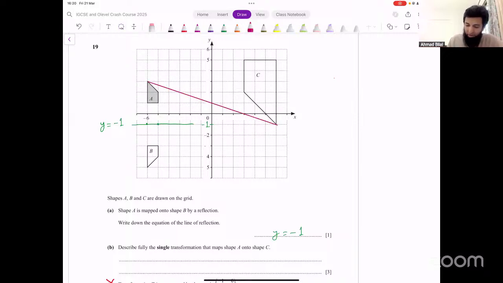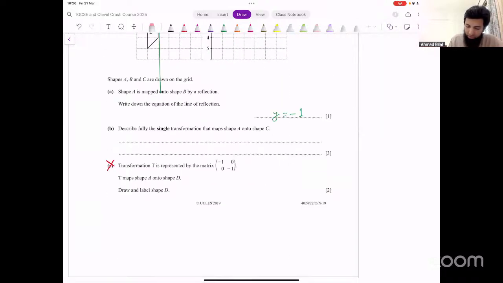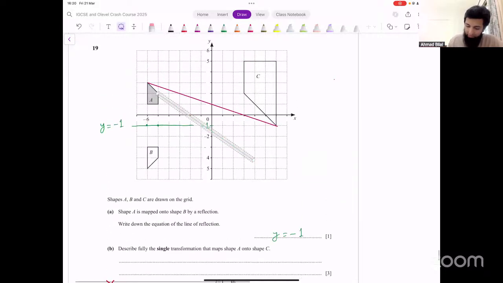Okay. And take another set of points. For instance, you could take these 2 points. Right? These are also corresponding points, this point here and this point here. Where are they meeting each other? These 2 lines are meeting at this point here. That's the center of enlargement.